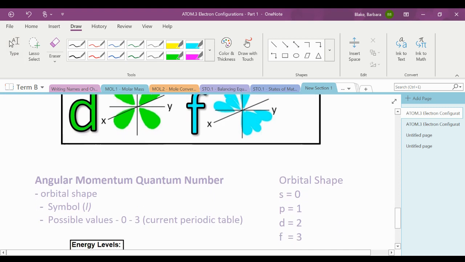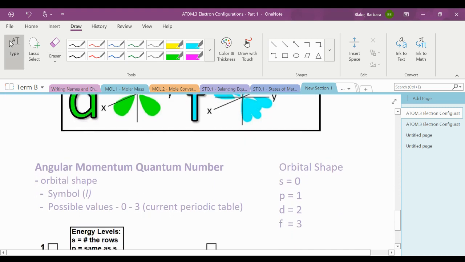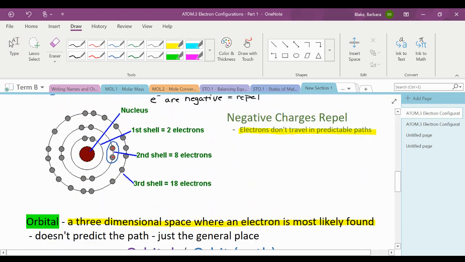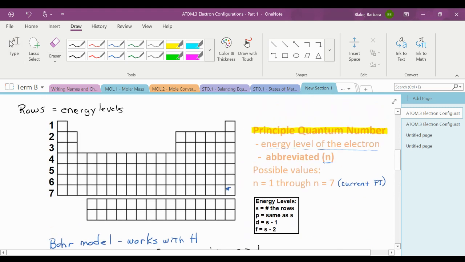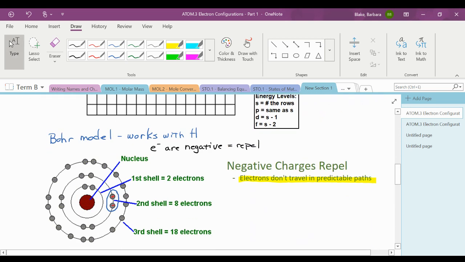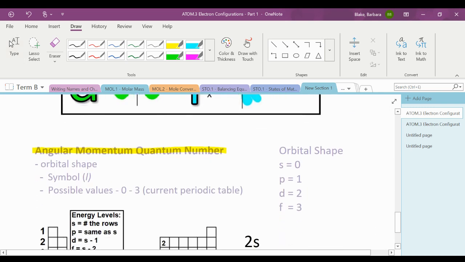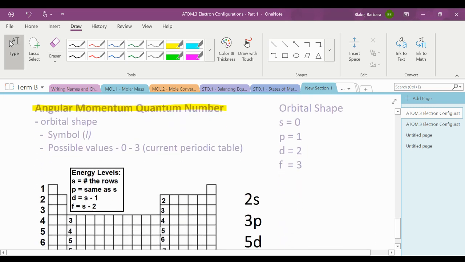These orbitals are what we refer to as the angular momentum quantum number. This becomes a second piece to the address for an electron. So we've already talked about the fact that n is the principal quantum number. And now we are going to add in a second piece of information, which is the angular momentum quantum number.